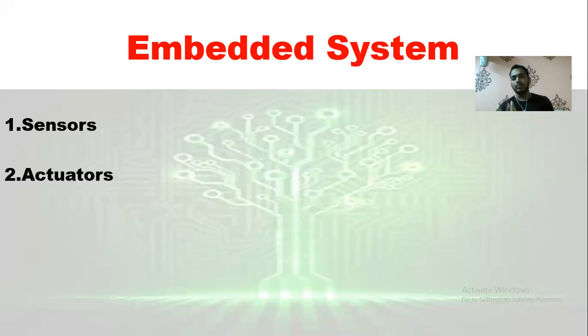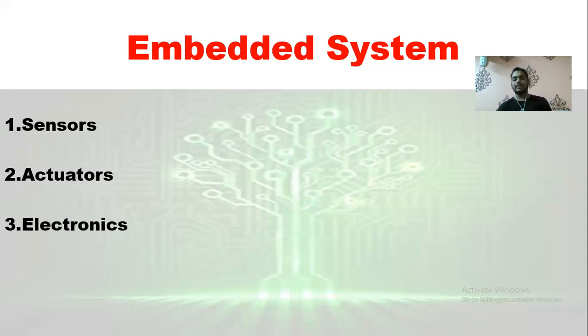The second type is the pneumatic actuator, which uses air pressure to give motion. The third one is the electric actuator, which uses current to give motion to any system. I think you got the point of what actuators are.